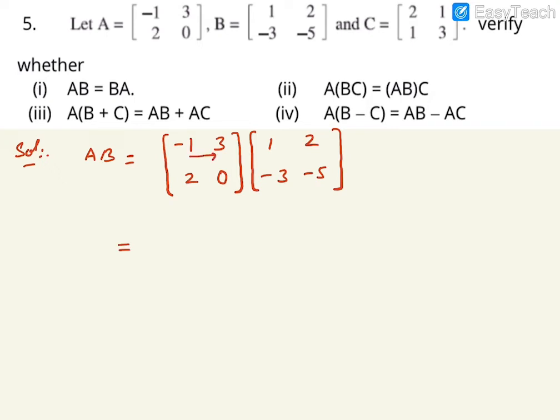So minus 1 will multiply with 1. First row will multiply with first column. Minus 1 with 1, and plus sign, and 3 with minus 3. Likewise, minus 1 will multiply with, now first row we are multiplying with second column, so minus 1 with 2 plus 3 into minus 5.